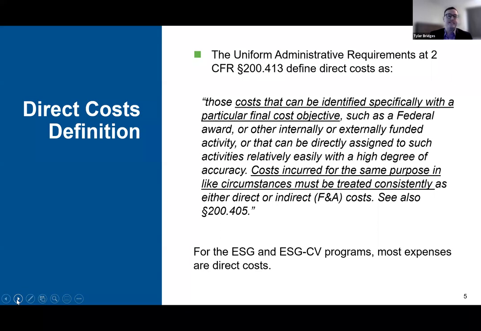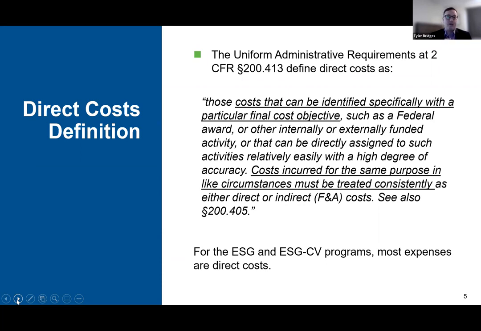Let's start by discussing direct costs. This slide contains the definition for direct costs found at 2 CFR 200.413. The key language contained in the definition for direct costs is underlined and defines direct costs as costs that can be identified specifically with a particular final cost objective, and costs incurred for the same purpose in like circumstances must be treated consistently.